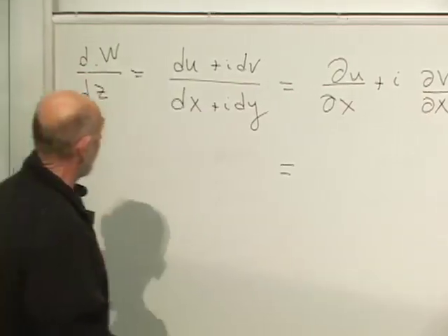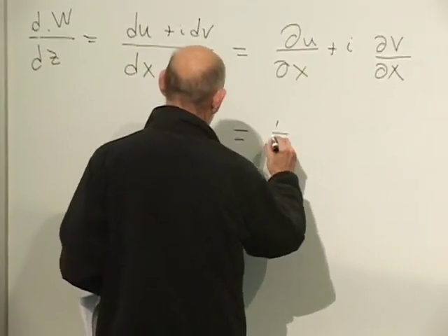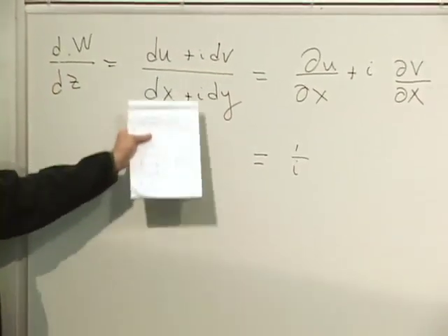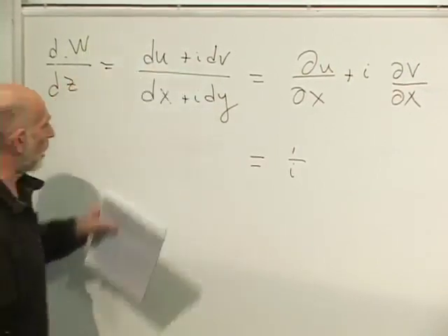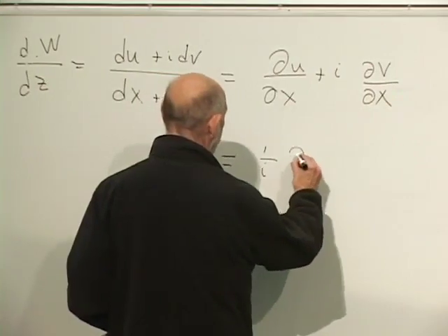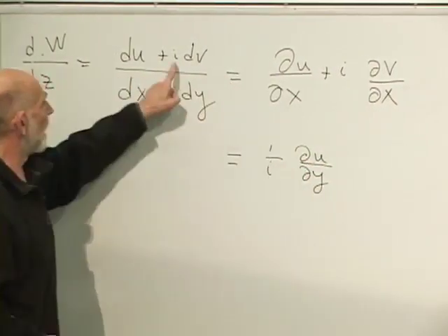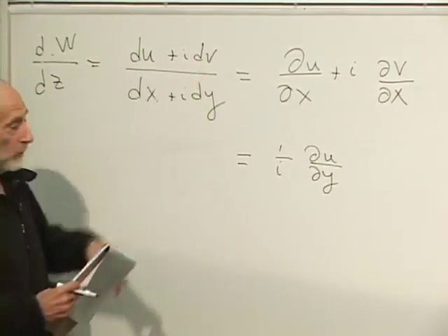Then we have to have 1 over i, the 1 over i multiplying dy, since dx is 0. And then we'll have the partial of u with respect to y. And then i over i will just give you the derivative of v with respect to y.